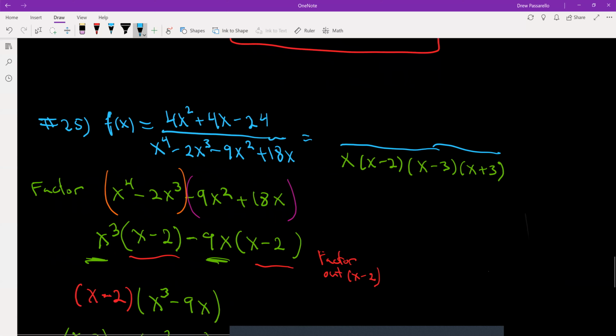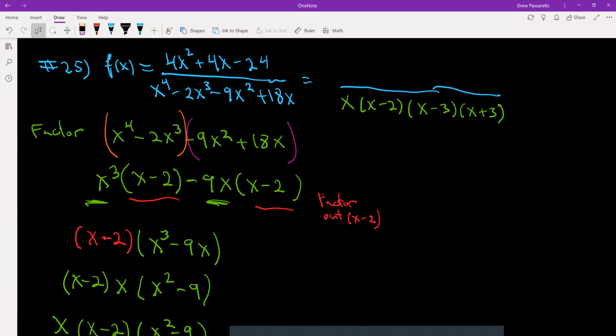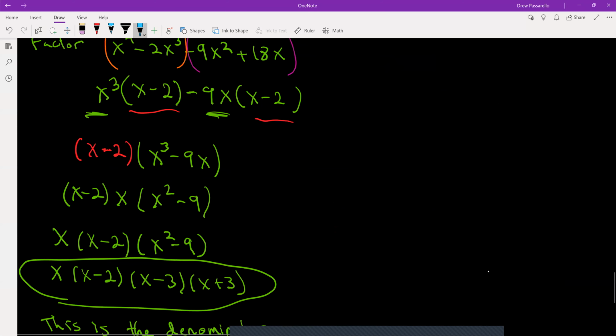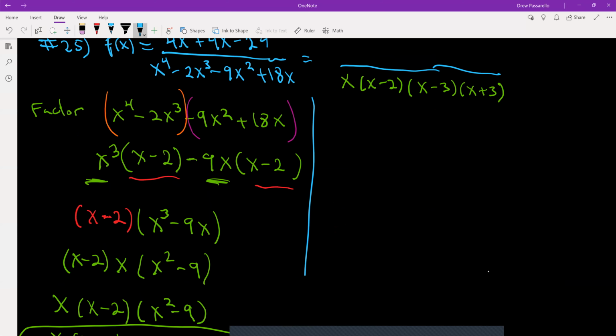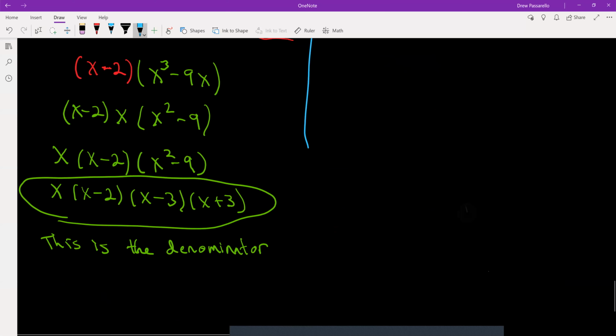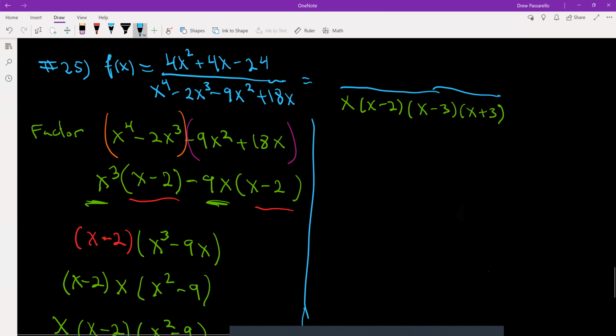All right, so that's where the green came from, doing all of this stuff. So I'll just try to separate this from the rest of the problem. This is kind of like scratch work that you would do to get that.